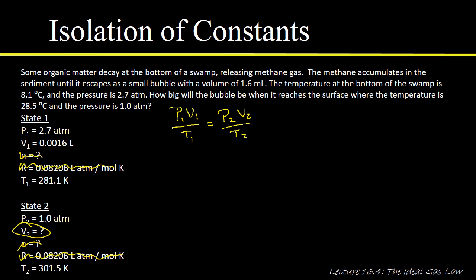All right, now if we want to get V2 by itself, we have to divide both sides by P2 and multiply both sides by T2. Actually, let me go ahead and write it over here.